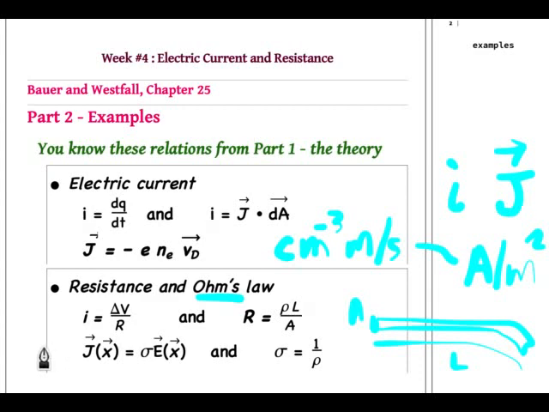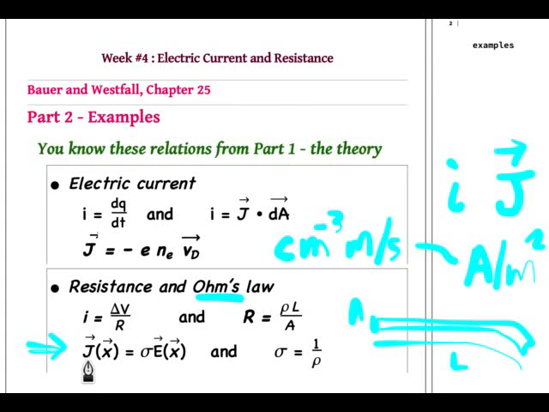There's a more fundamental relation which relates the current density, that's J, at a point in a material, to the electric field at that point. The current density is proportional to the field, just like the current in a wire is proportional to the potential difference.